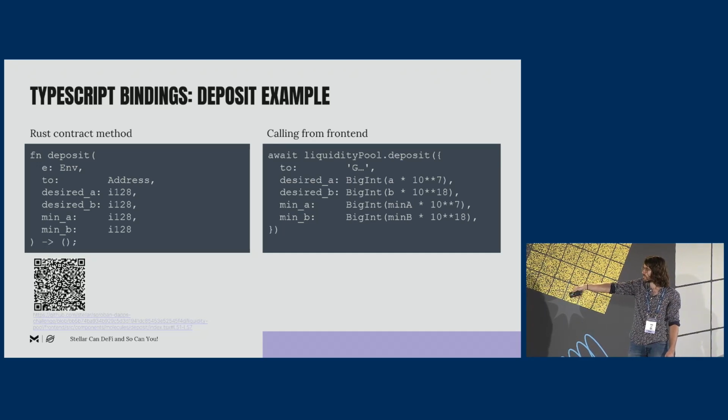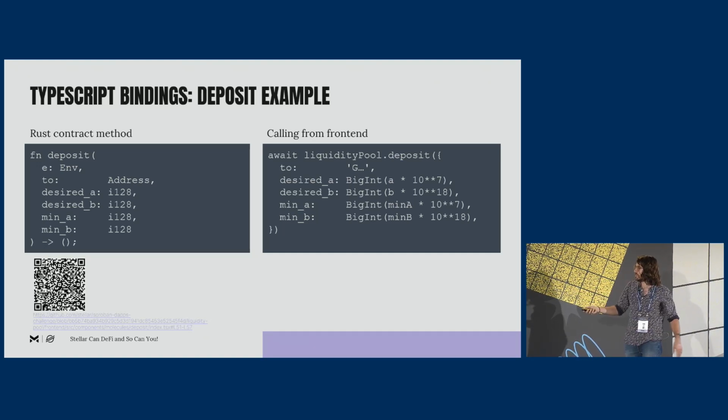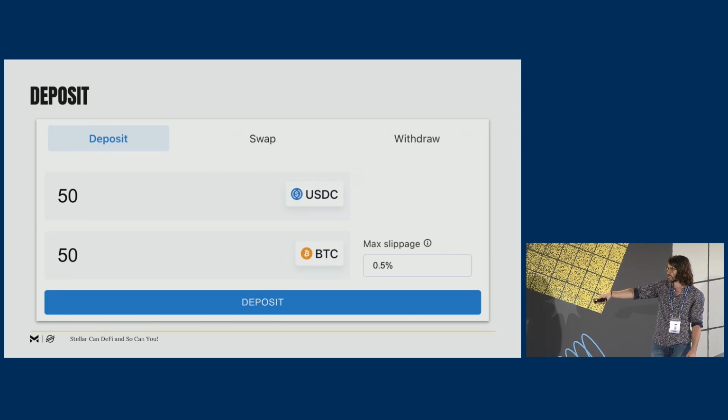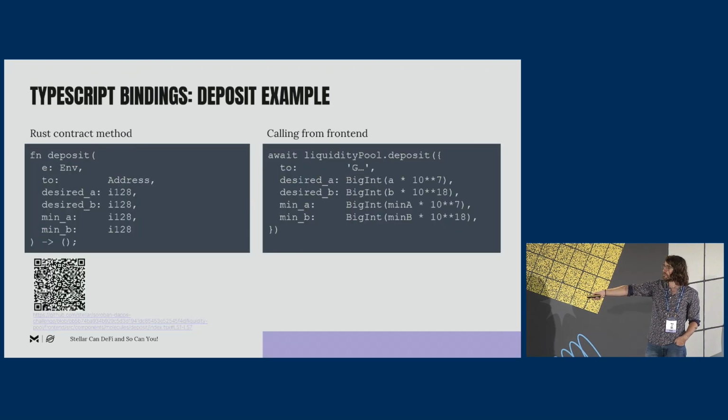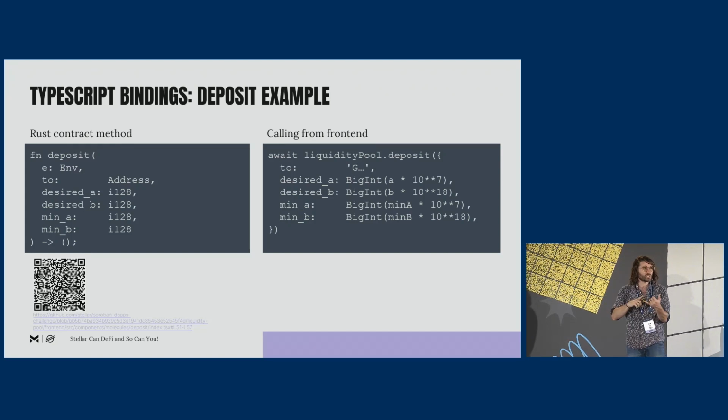That's all that's happening there. That's the math that we're showing. And then again, there's some stuff that needs to be done with max slippage. You could design a contract that just takes these three inputs, and then all of the math that we're hiding here would be done in the smart contract. So if your team was building both the smart contracts and the front end, this would be even simpler.